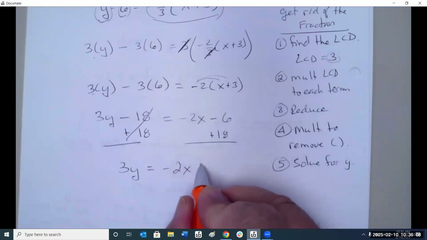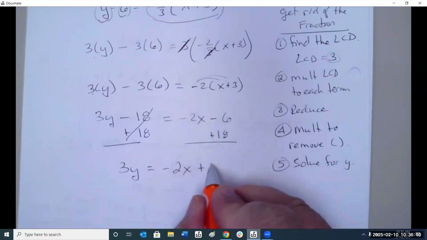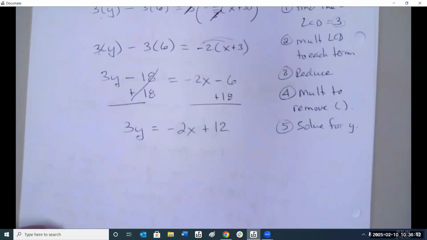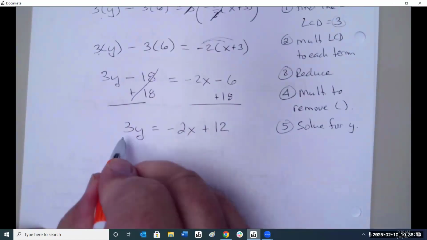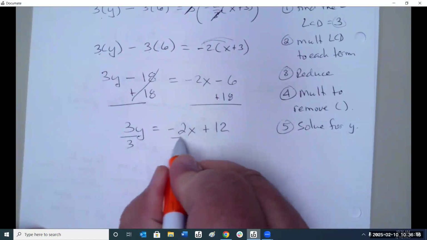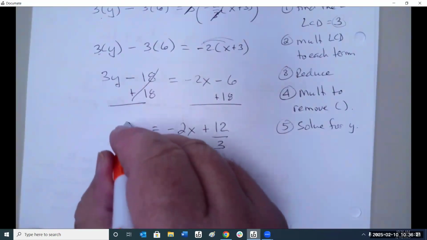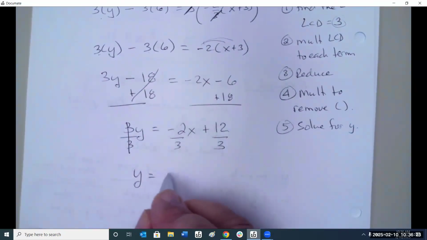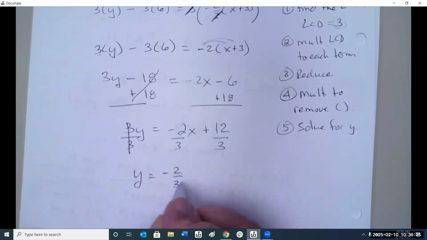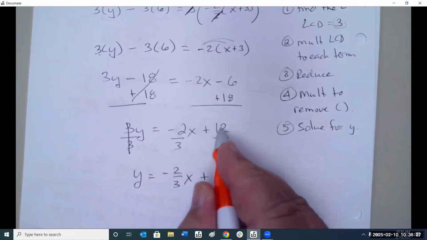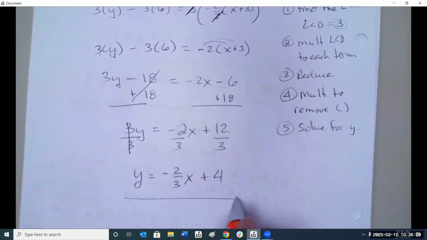Take the sign of the bigger number. 18 minus 6 is 12. Divide by 3. Negative 2/3 x. 12 divided by 3 is 4. And this is my EOL.